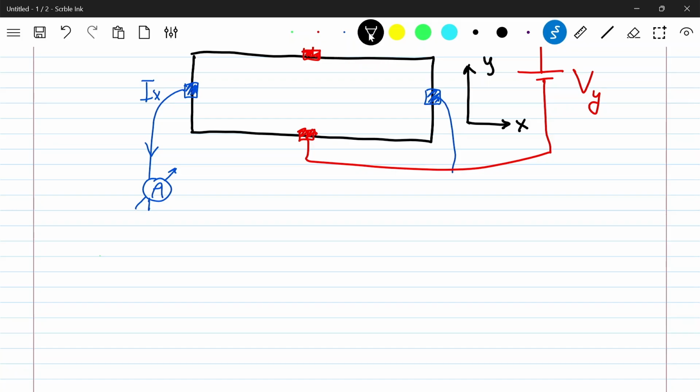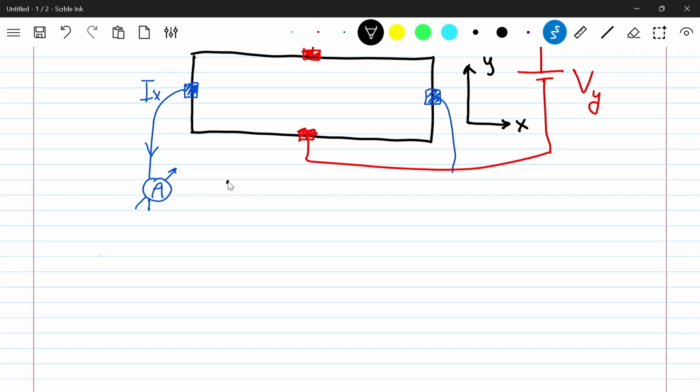It introduces a chemical potential difference between the two sides of the system. That creates an electric field and generates current if current can pass.